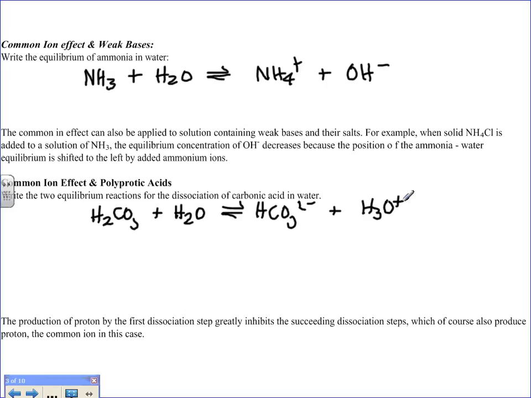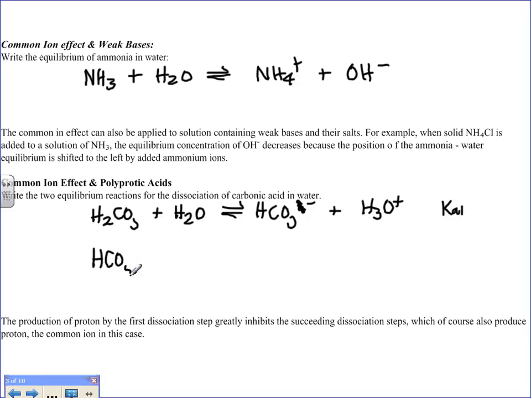So in this case, you're looking at H2CO3 losing one proton to form HCO3- plus H3O+. So this is the first equilibrium reaction. H2CO3 is our carbonic acid. This reaction is going to have its own Ka value, and we would call it Ka1, so that shows that it's associated with the loss of the first proton.